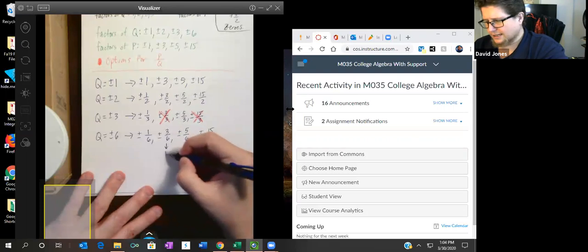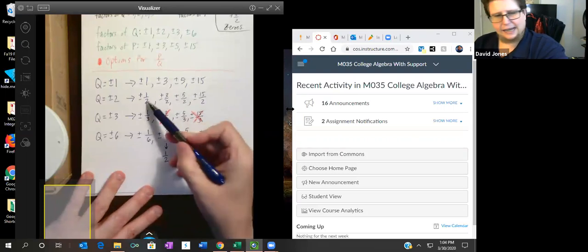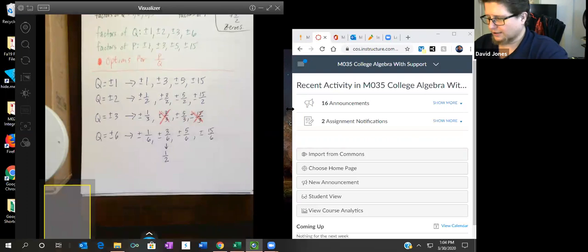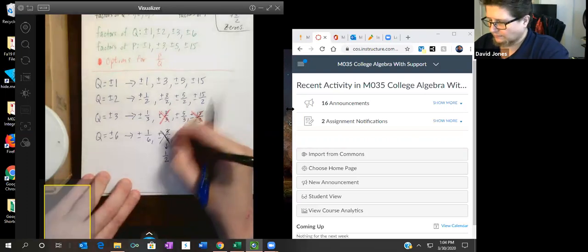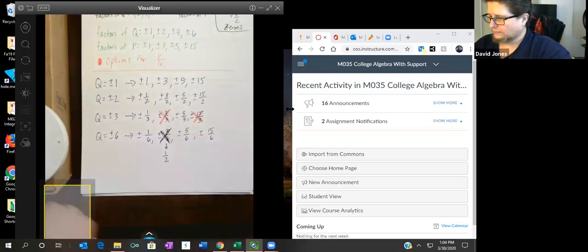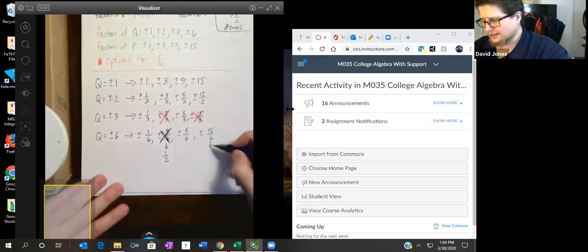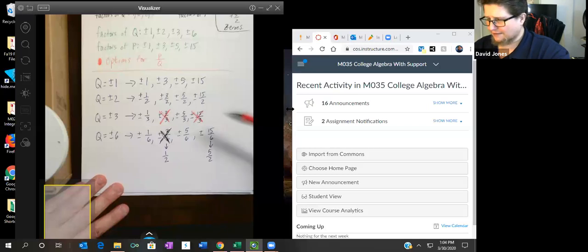3 over 6 simplifies to 1/2. And I already have that listed, so I'm going to cross it off. 15 over 6 simplifies to, I can divide each of these by 3 and I get 5 over 2. And I have a 5 over 2.